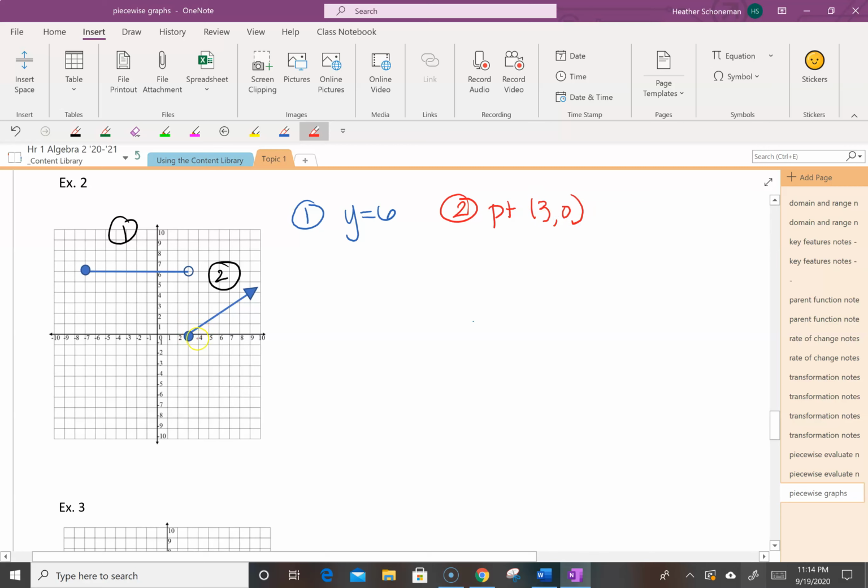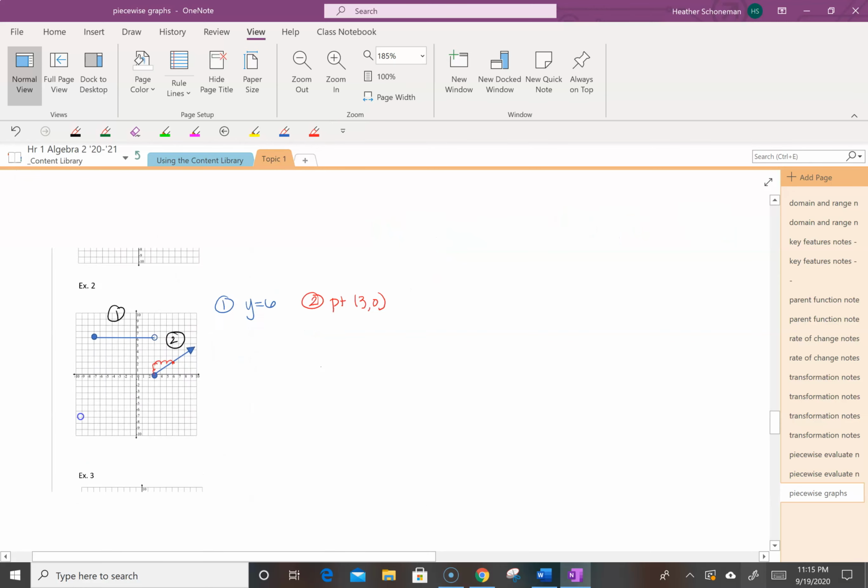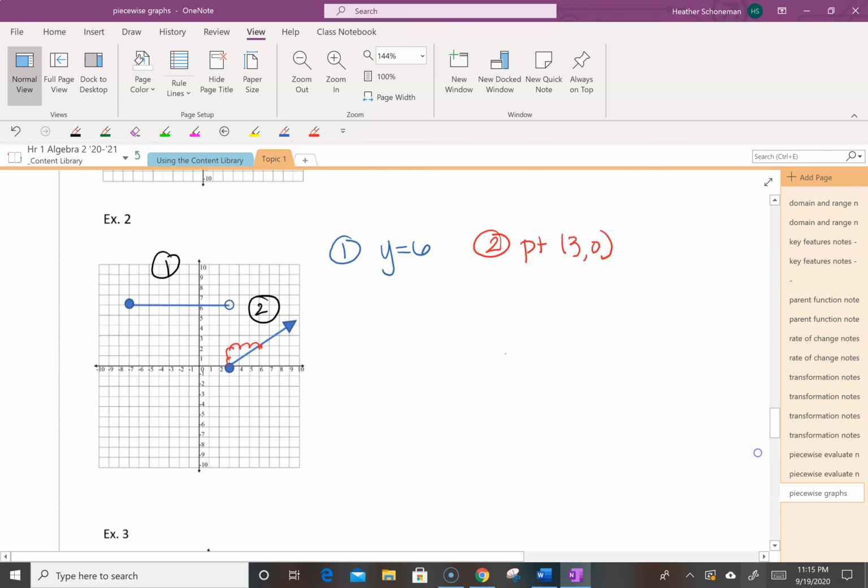And now we need to find our slope. So we're going to go up 2 and right 1, 2, 3. So our slope is 2/3.